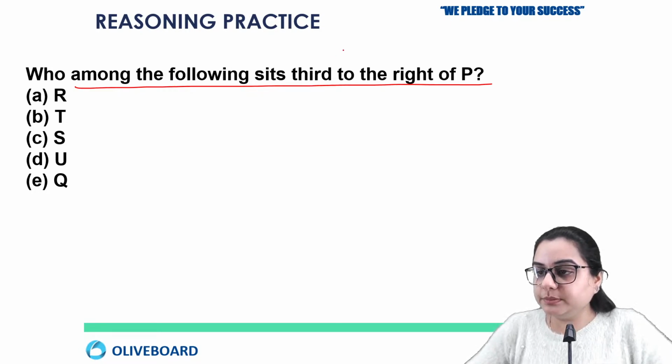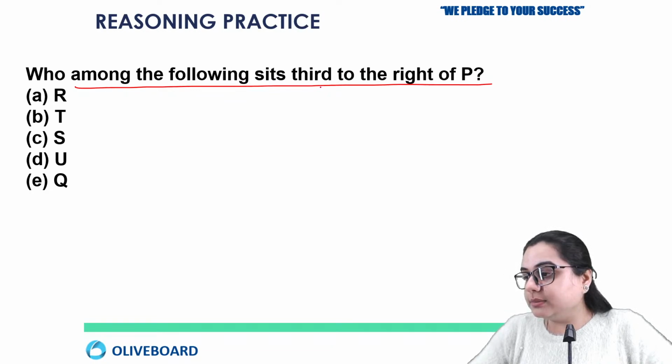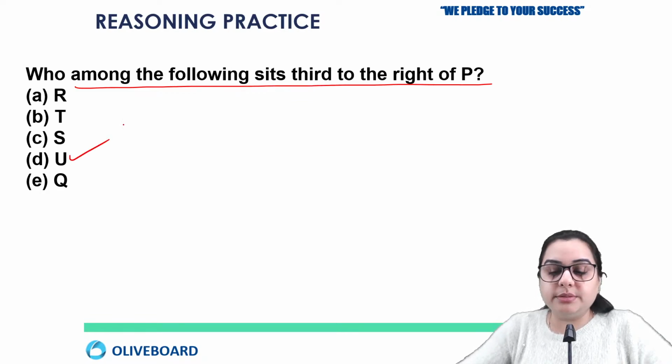Who among the following sits third to the right of P? This you have to tell. It is U. That is option number D.